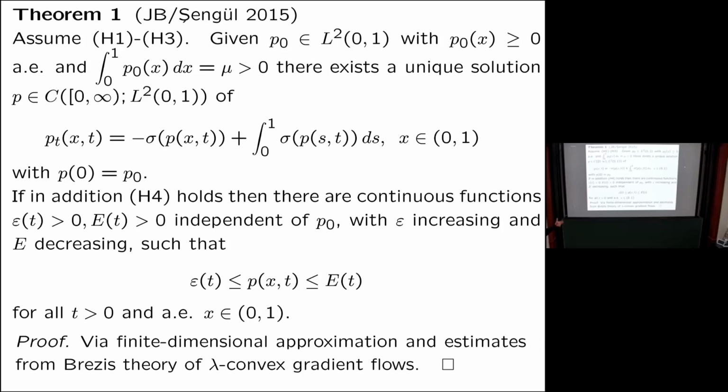So you have exact approximate solutions, if you like, for this problem. And then you use estimates from Brezis's theory of lambda-convex gradient flows. This is in fact a gradient flow.